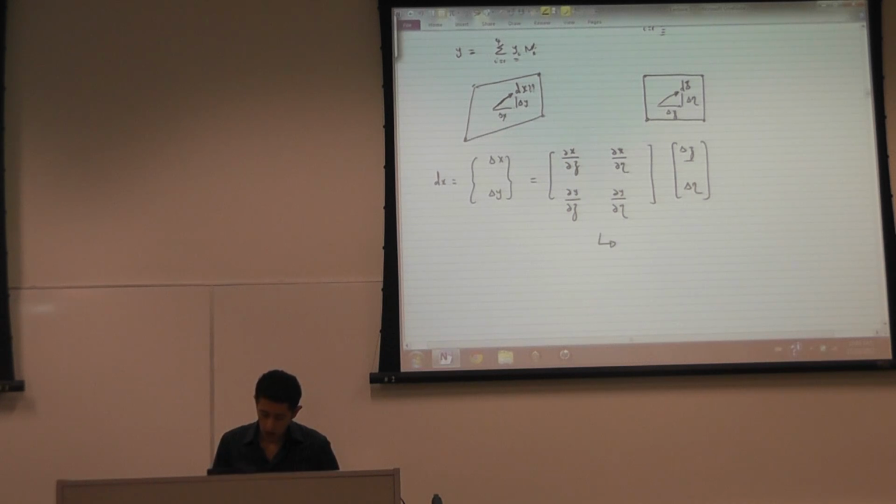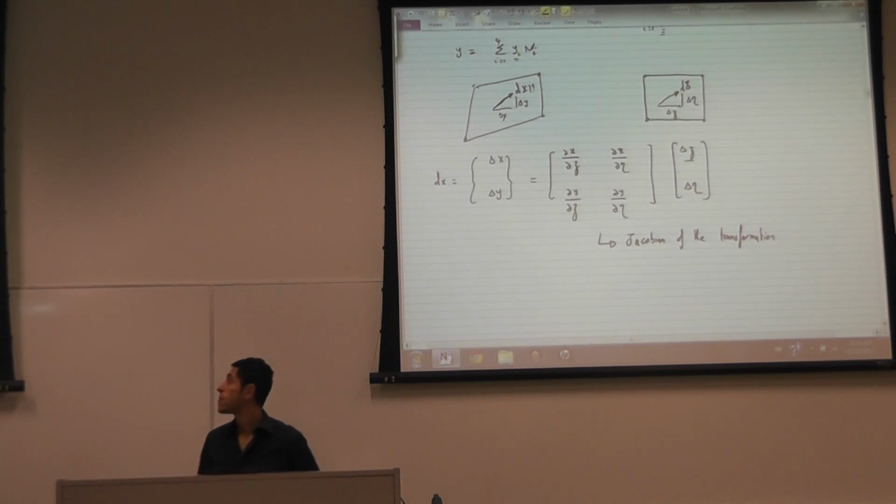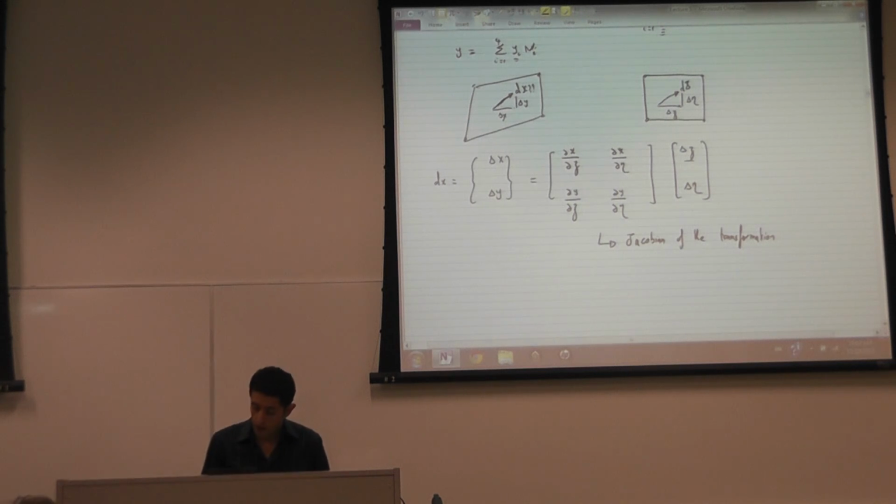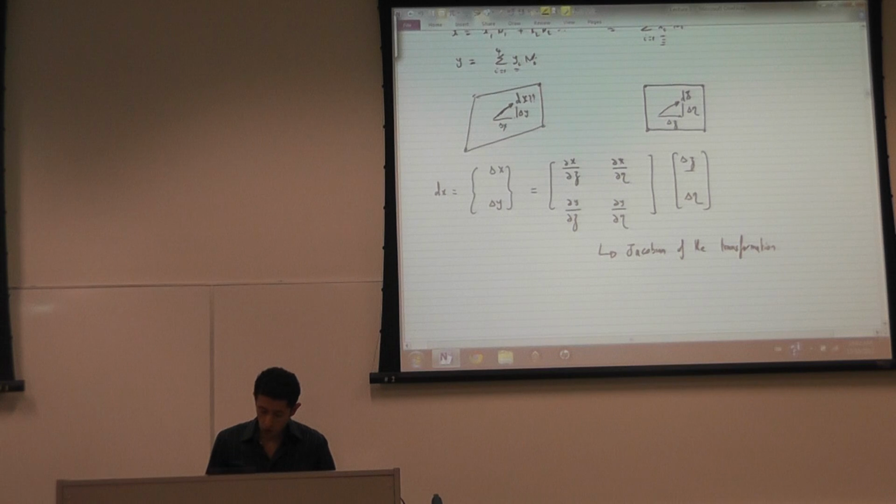And this is called the Jacobian of the transformation. This Jacobian of the transformation is what corresponds to dx by dX in the one-dimensional case.